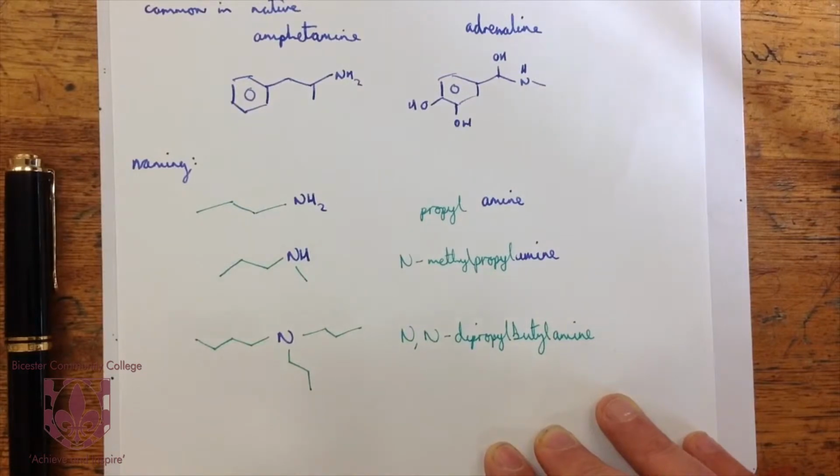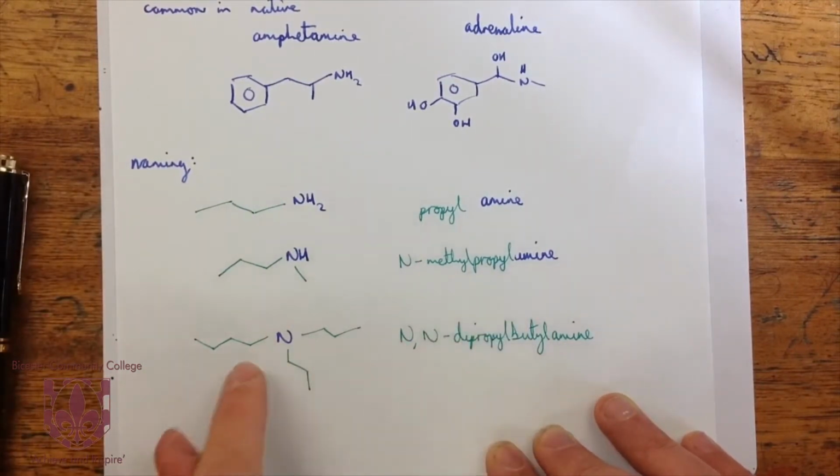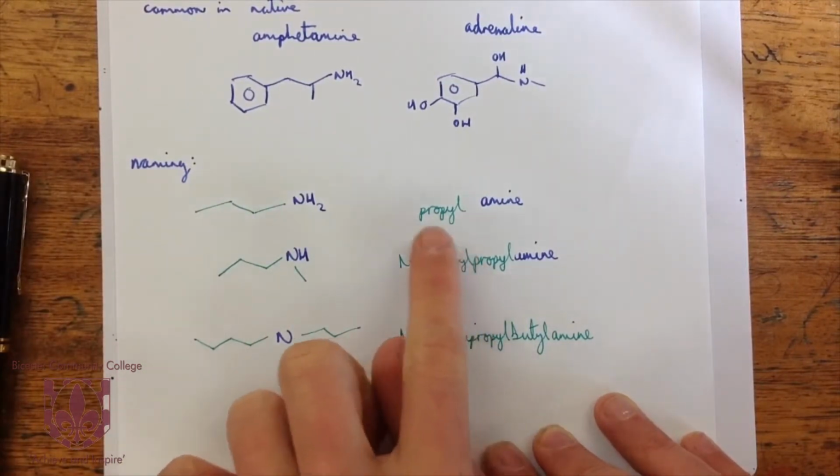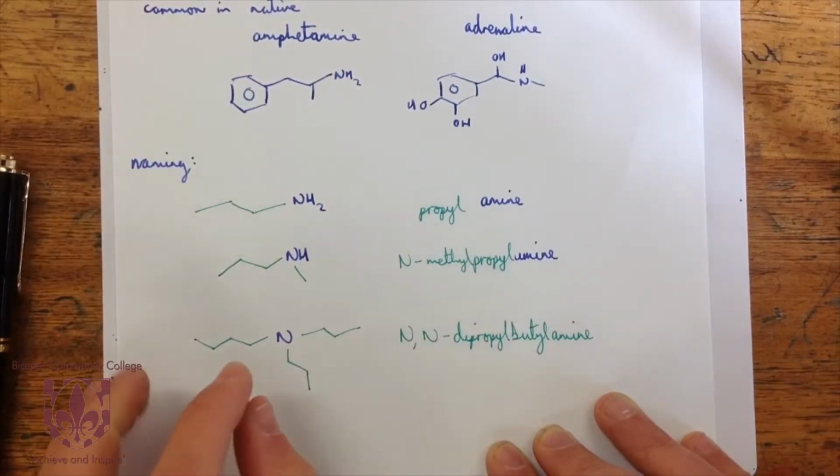Okay, so a little bit tricky naming amines, but not too different to things we've seen before. It's got a lot of similarities, you know, your longest carbon chain. The only difference really is linking the side chain to the N and making sure we include that.